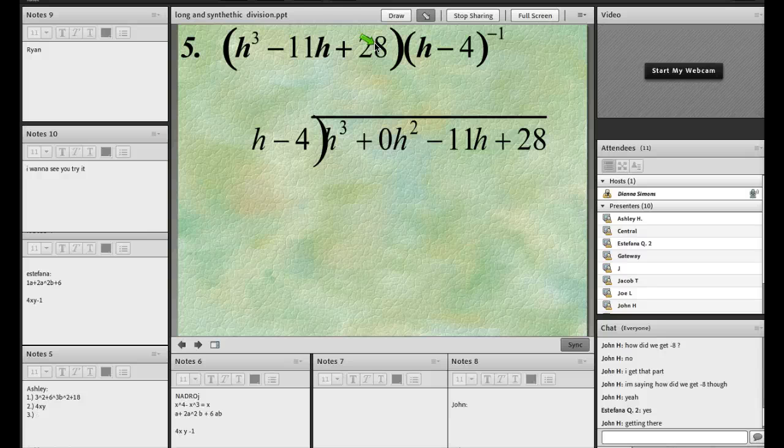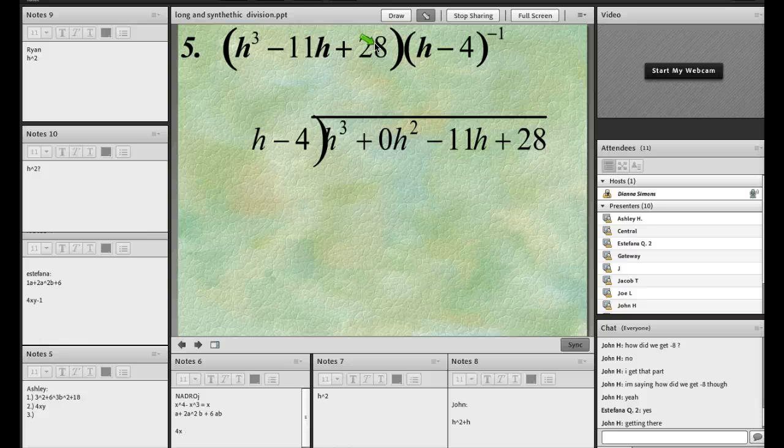H cubed divided by h, what do I get? Okay, Ryan's got an answer. John's got an answer.